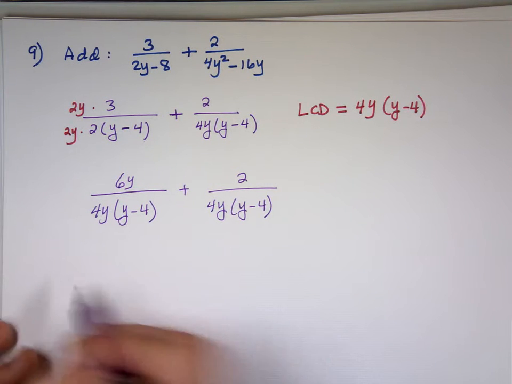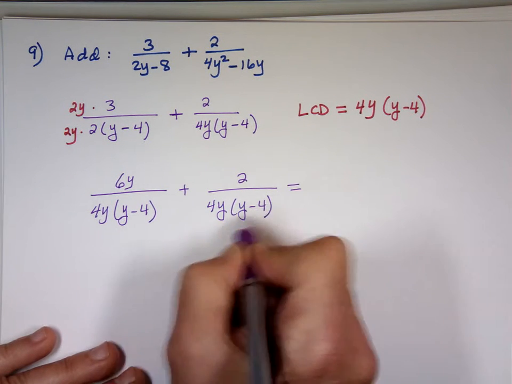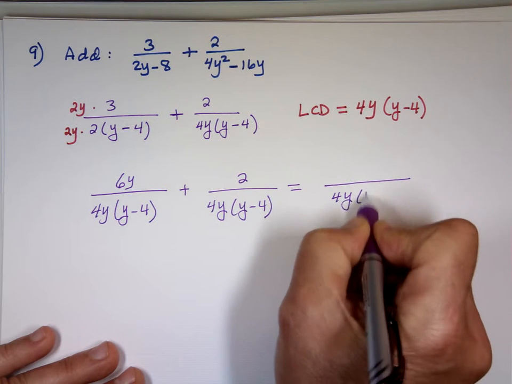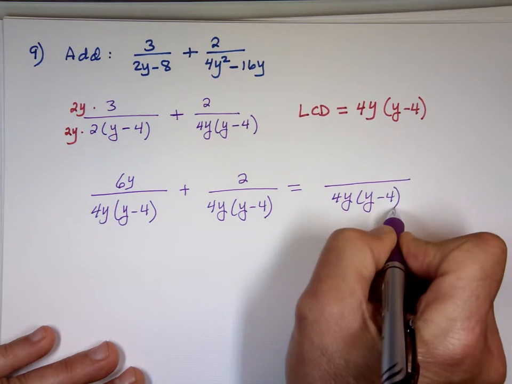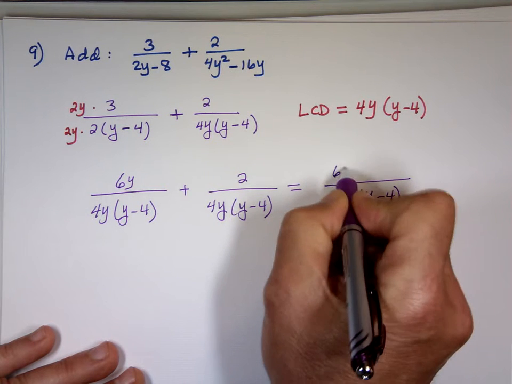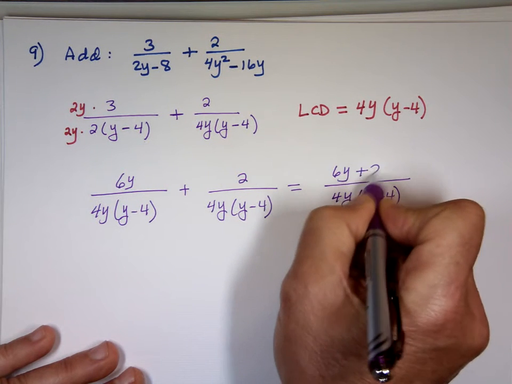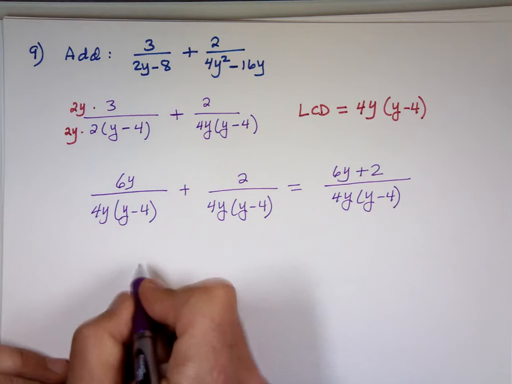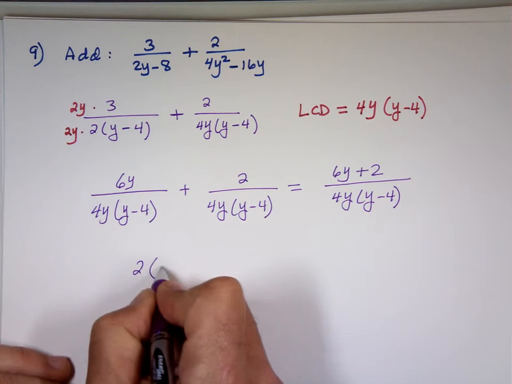So now my answer, since the bottom is the same, will be, leave this one, 6y plus 2. Can I simplify my answer? Yes, I can. I can factor a 2 out of the top. If I take a 2 out, what's left is 3y plus 1.